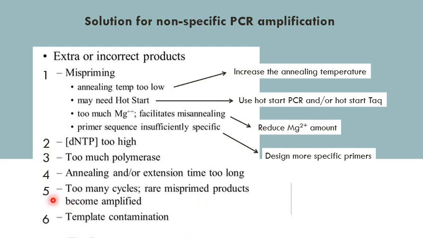And finally, if you have some template contamination, it will also result in extra products that are not really from the original template. It will just be contaminated DNA strands that will appear as non-specific products in your gel.